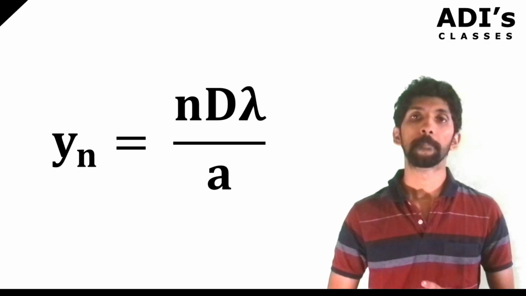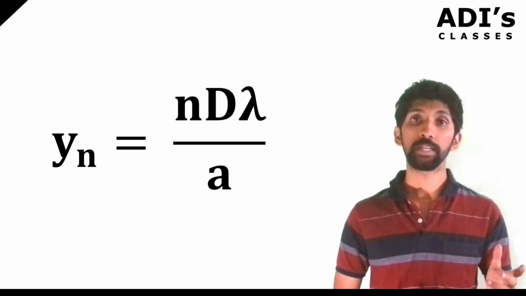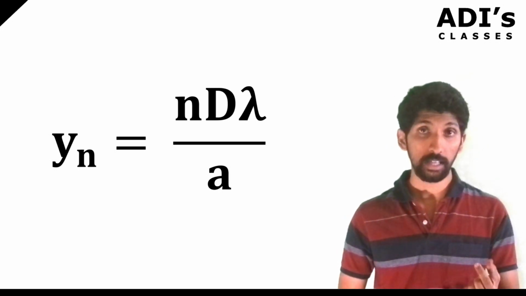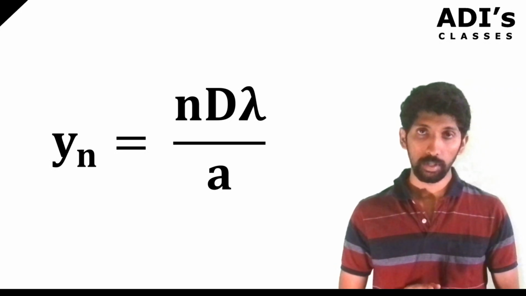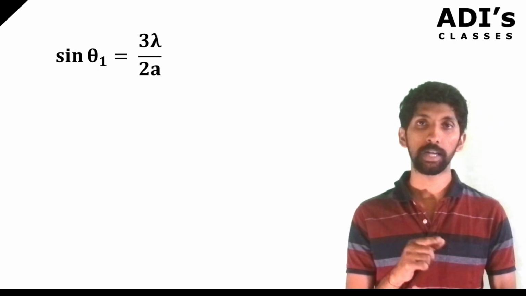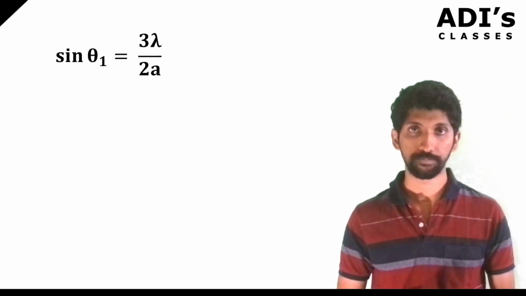We got that. Now for a maximum, what we have was, it has to be an odd multiple of lambda by 2, correct? So if BN is 3 lambda by 2, then we have sin theta 1 is equal to 3 lambda divided by 2a. This will be the first secondary maximum.